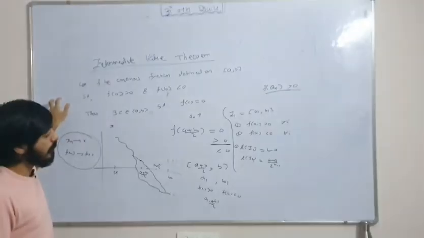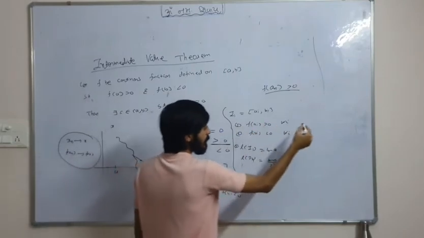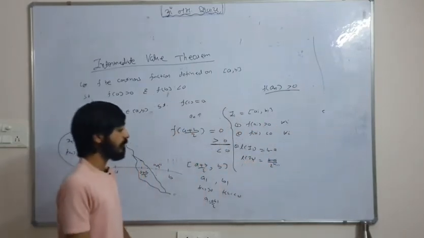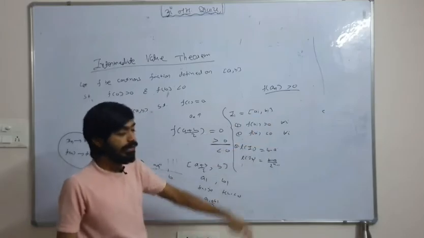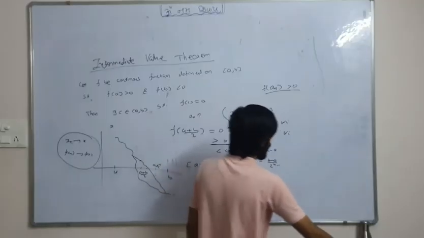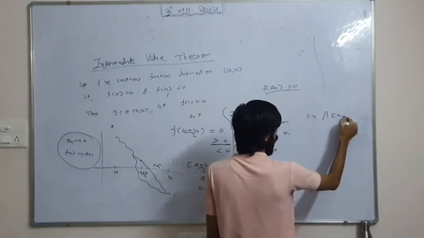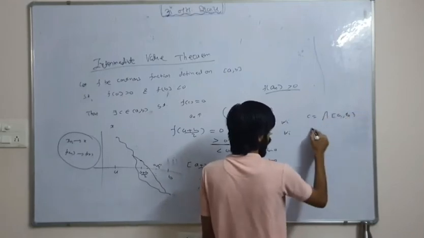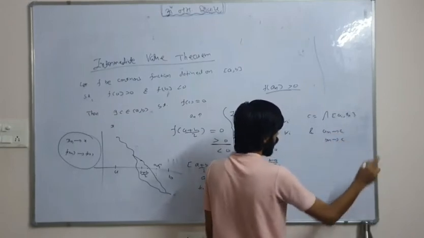By the nested interval theorem, there exists some c, because now I have a sequence of nested intervals with this property, such that c is the intersection of all [a_i, b_i], and a_n converges to c, b_n converges to c.